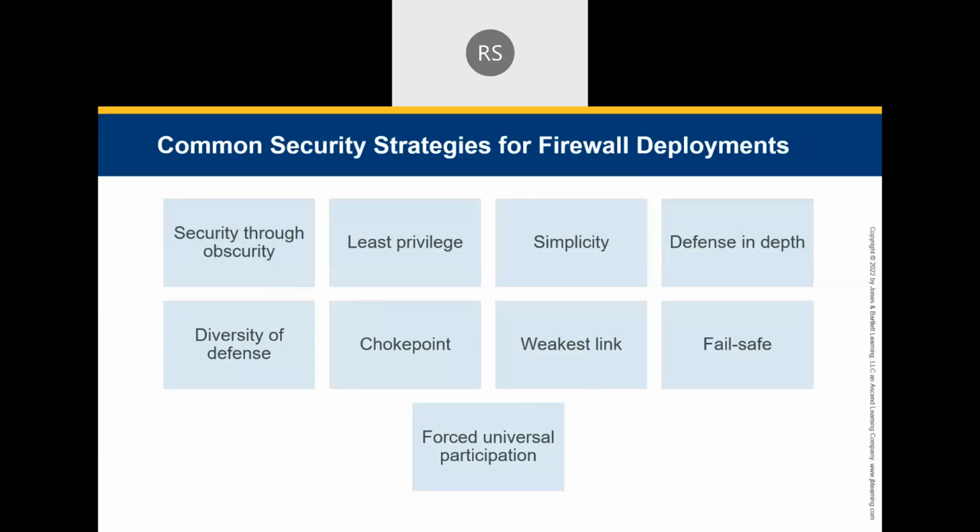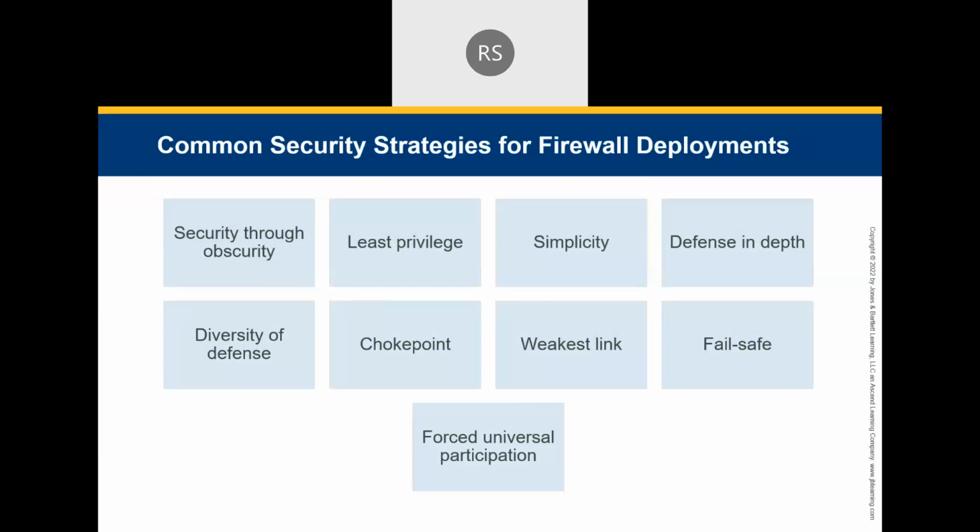You also want to use a diversity of defense where you utilize a variety of different security measures, tools, or technologies. So if you avoid relying solely on one type of defense, this promotes resilience against different types of threats. Also, you want to channel network traffic through specific control points to monitor and filter.